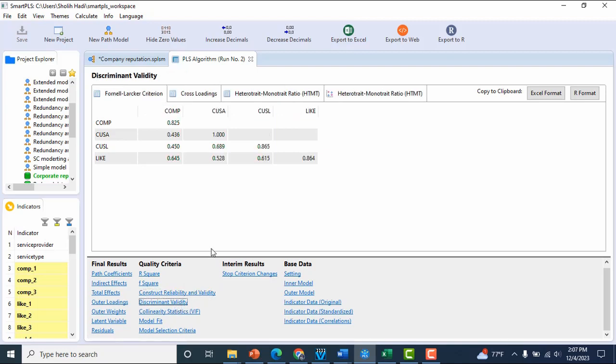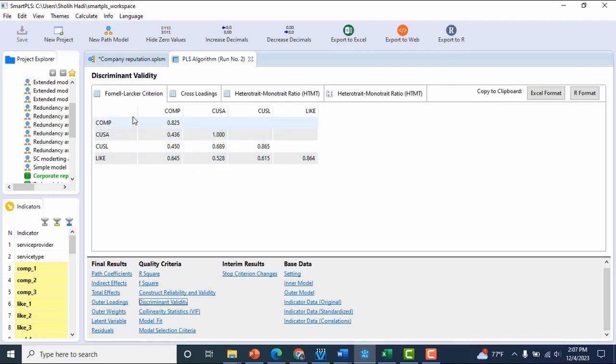And for discriminant validity, we can check the Fornell-Larcker criterion. This is the square root of AVE, and it should be greater than the correlations with the other constructs. We can see here this is greater than here, and here is greater than here, and here is greater than here, and here is greater than here.